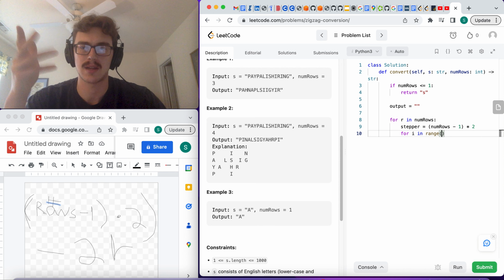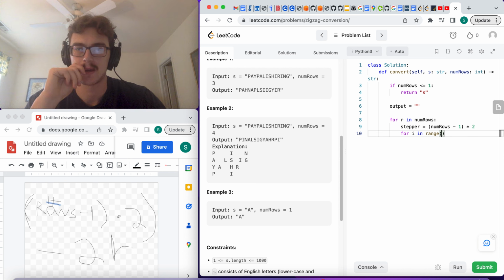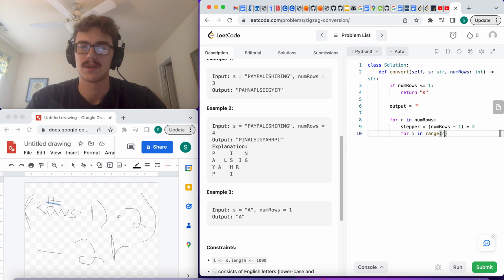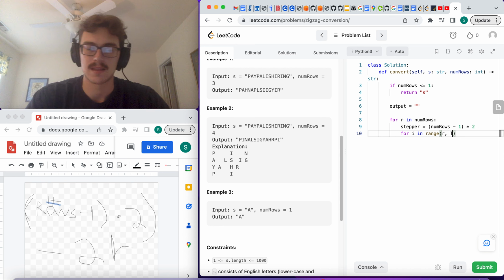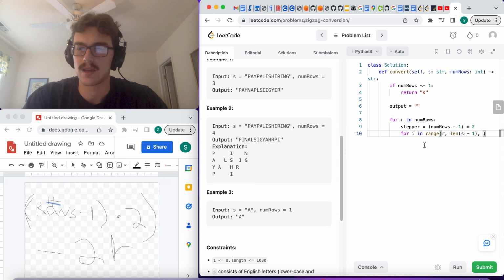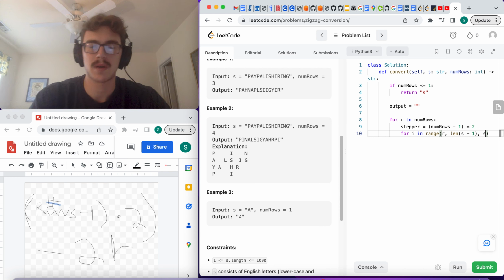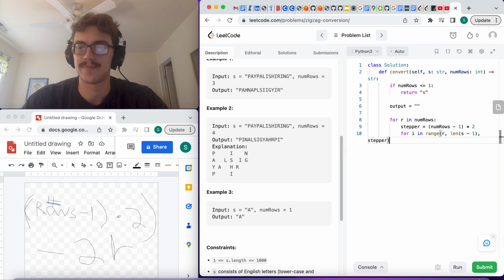It's got start, stop, and how much you're incrementing by, right? So where are we starting? We're starting at R. We're ending at length of string minus 1. Let's hope that works. And how much are we incrementing by? We're incrementing by our stepper.